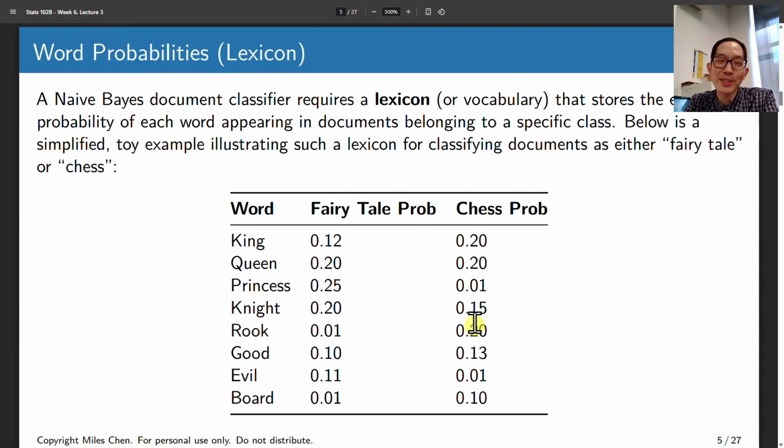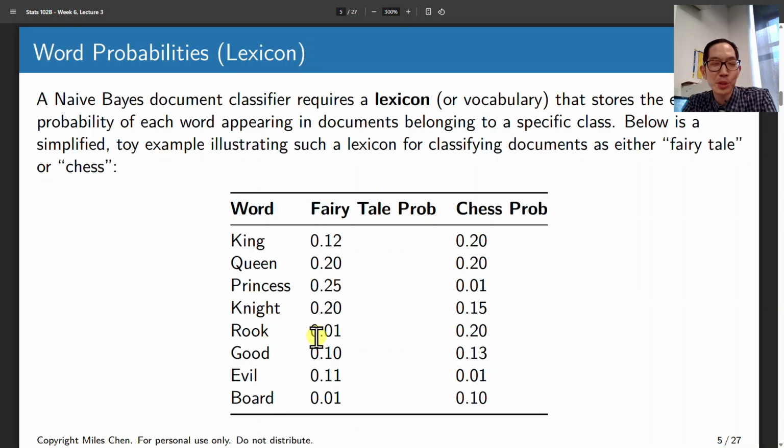And here, this is, again, a greatly exaggerated vector because I only have 8 words in my vocabulary. Knight might appear in both fairy tales and chess. Okay, the word rook appears in chess, but probably not in fairy tales.